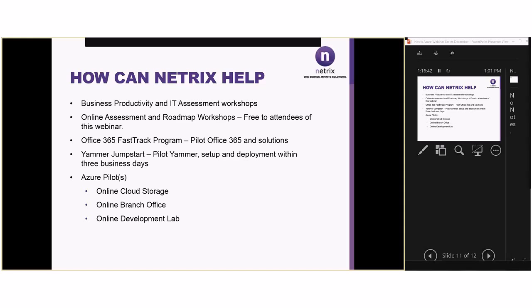There's different programs that Netrix is participating in based upon the deployments that we've done, the particular certifications that we hold, where we're lucky to be one of those partners that are looked at very highly from Microsoft to be able to provide these type of services. So if you have questions on that, please reach out either to myself or Pam, and we can provide you additional information on those moving forward.